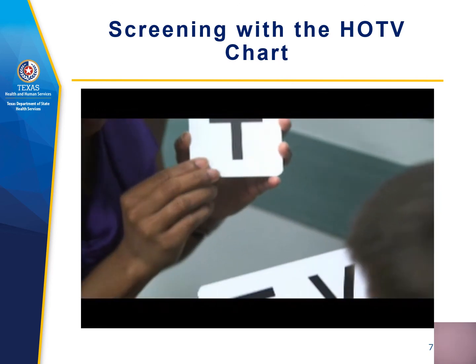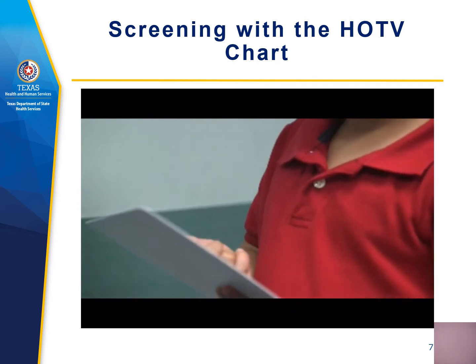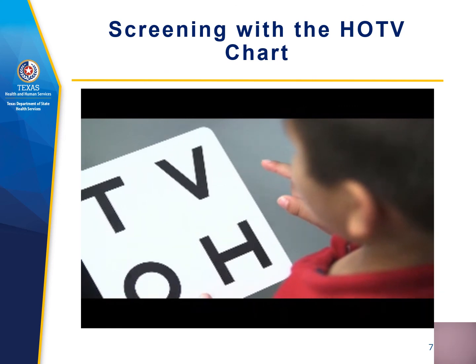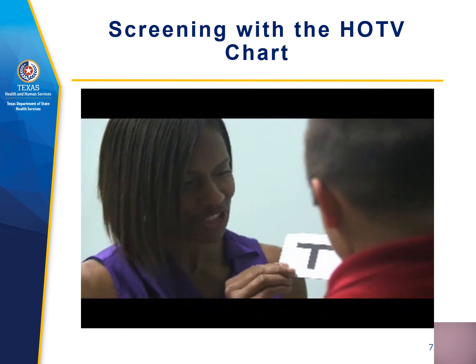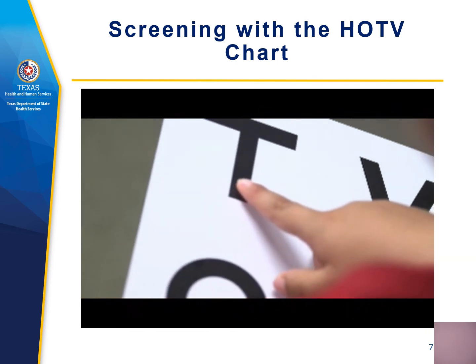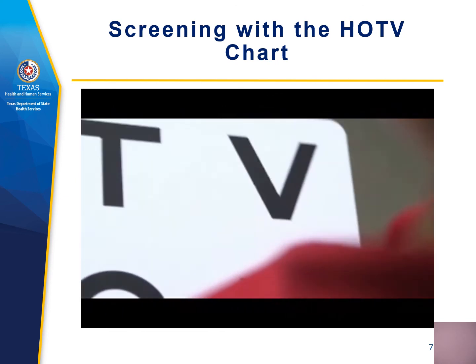Teach them how to match the symbols H, O, T, and V. Tell the child to point to the symbol on the panel that looks like the symbol on the card. Display each training flashcard one at a time at increasing distances, while the child matches them on the response panel. Avoid establishing a pattern of response in the child.